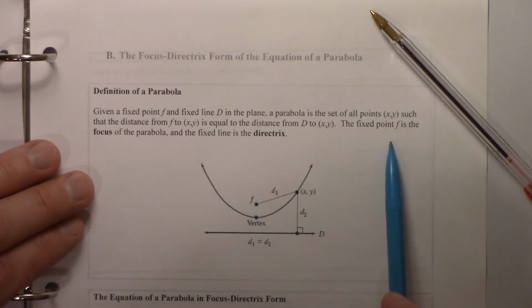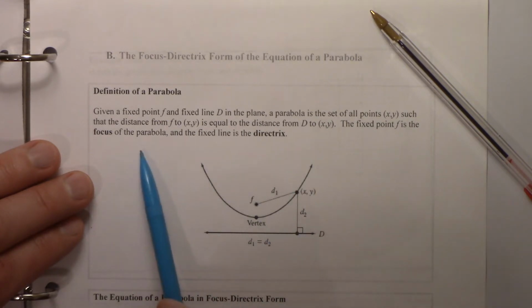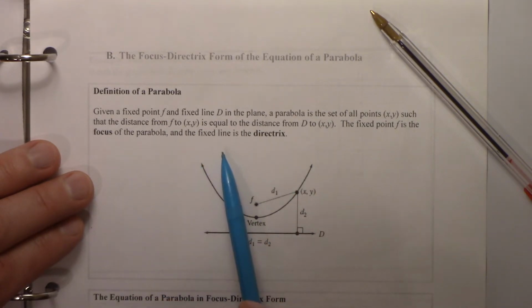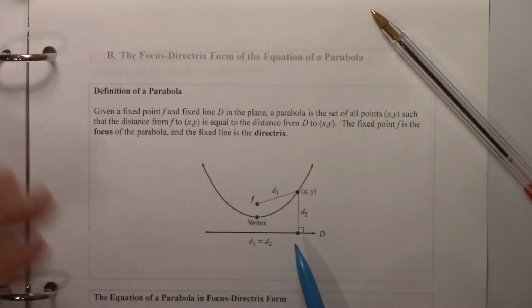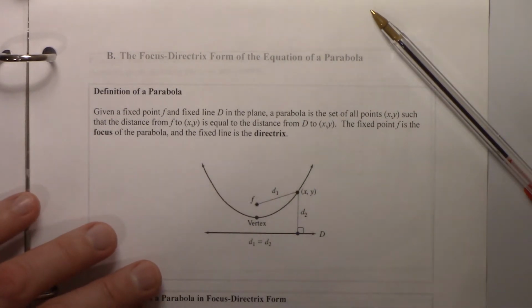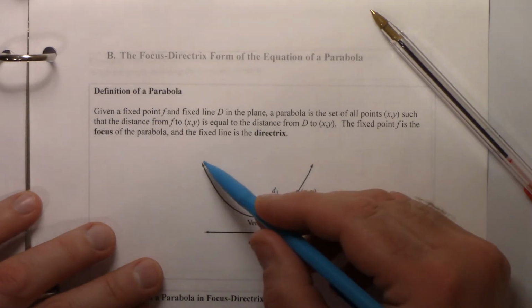Now that fixed point F is what we call the focus of the parabola, and that fixed line is what is called the directrix. If you look at the diagram, they're telling us here that we have a fixed point F, that's this guy right here in the center, that's called the focus, and then we have this fixed line called the directrix. The parabola is the curve, okay?